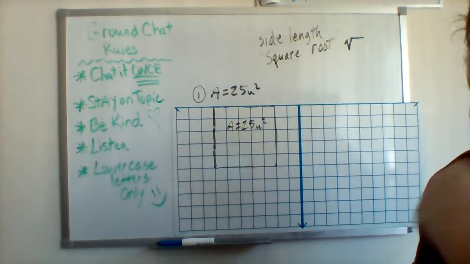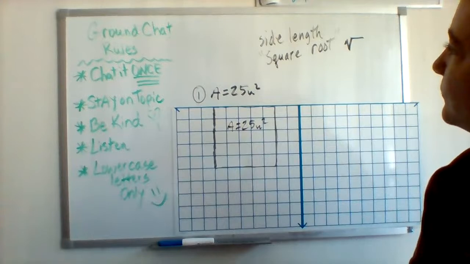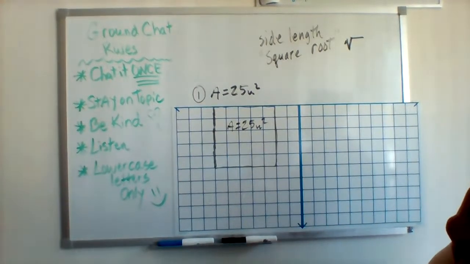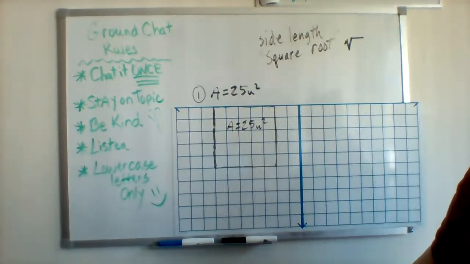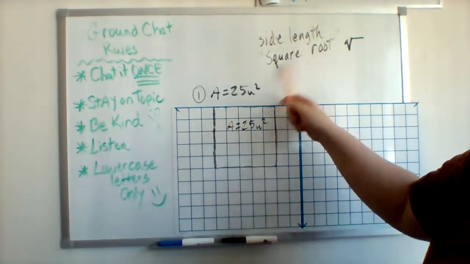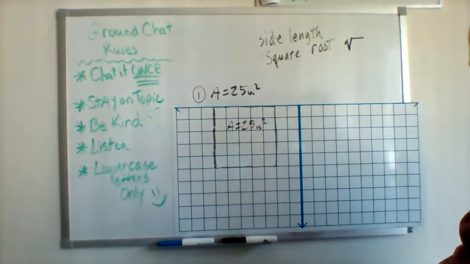Great. No problem. All right. Anybody? Instead of putting the 5, what would I put in so that it's in terms of square root?